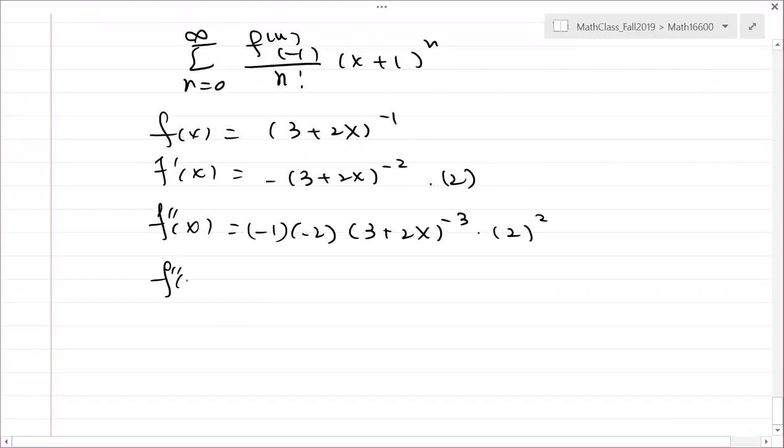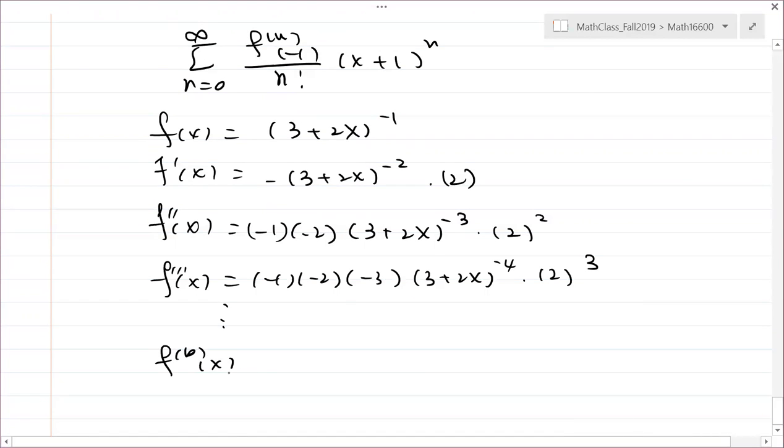So the third derivative is going to be -1, -2, -3, 3 plus 2x to the -4, and the 2 cubed. So I guess the kth order derivative will be -1 times -2 times ... times -k, and 3 plus 2x to the -k plus 1, and the 2 to the k.